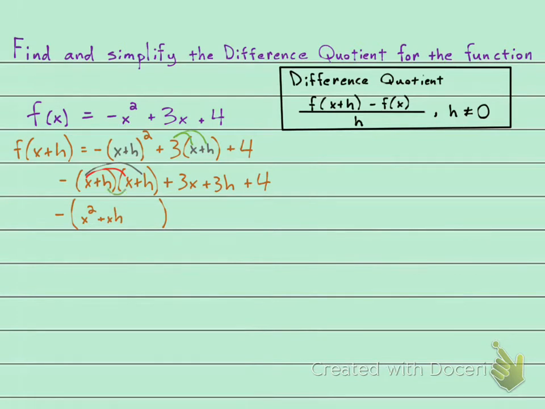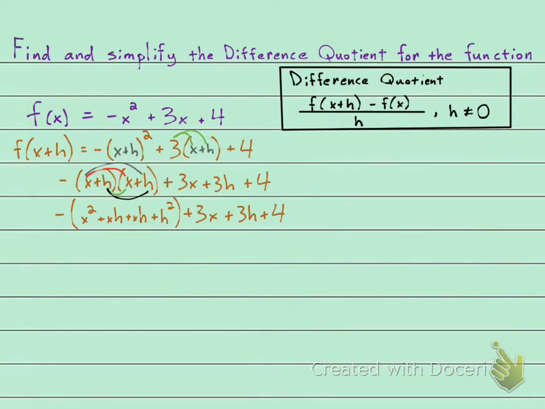Inner 2, h times x, and it would be better to write it as xh. The order doesn't matter there when they're multiplied. And then the last 2, h times h, is h squared. Plus h squared. All right, drop everything else down, plus 3x, plus 3h, plus 4.